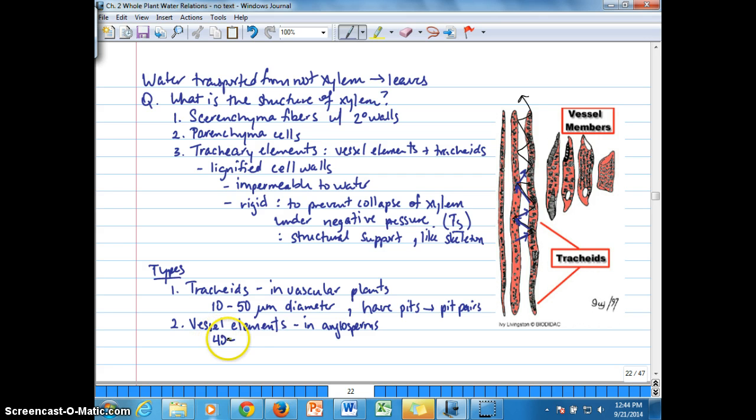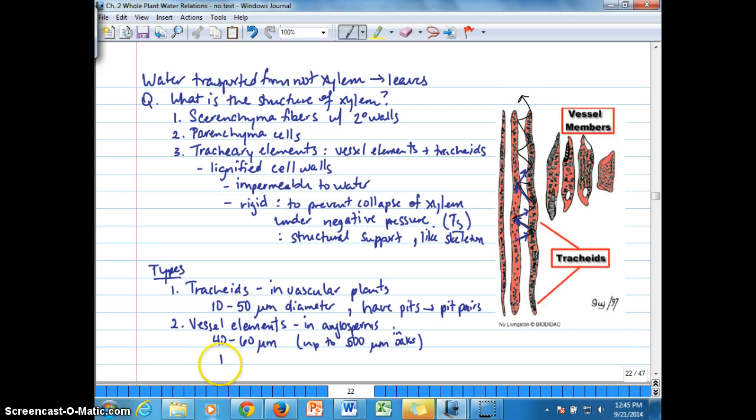There's a large variety of diameters that we can see in the literature, but 40 to 60 micrometers, perhaps up to 300 to 500 micrometers in oaks. And they can vary in length, much longer than tracheids as well. But we're not memorizing these numbers. We're using the numbers to compare for relative differences.